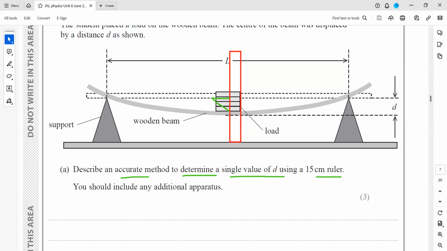We can record the initial and the final position of the center of the mass, using a 15 centimeter ruler and the set square.